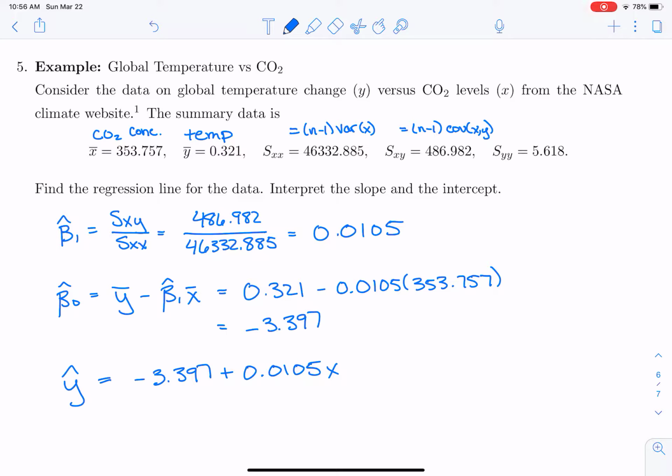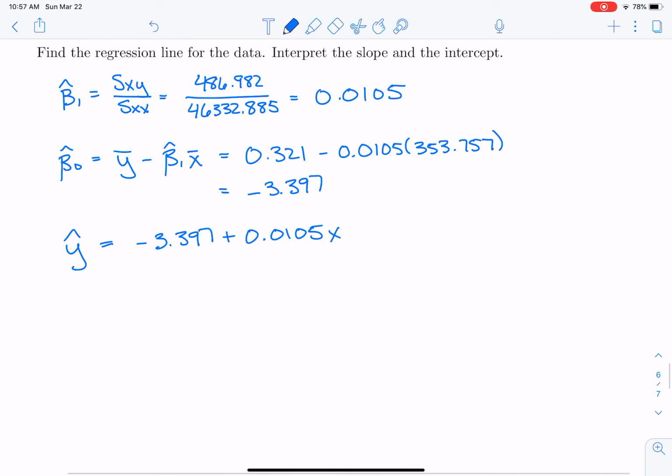Okay, so now that we have that, how can we interpret the slope and the intercept? Well, let's start with the intercept.